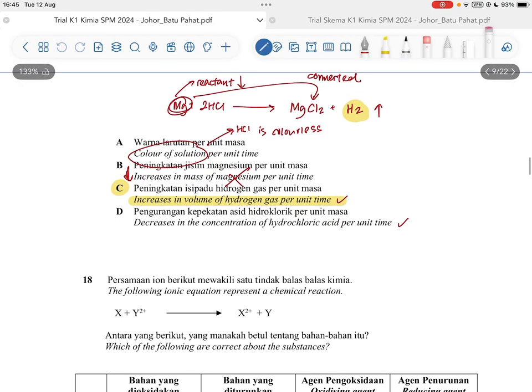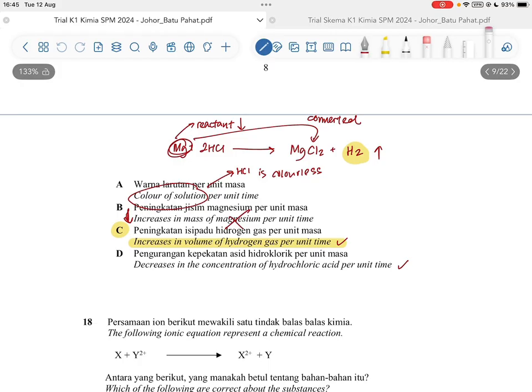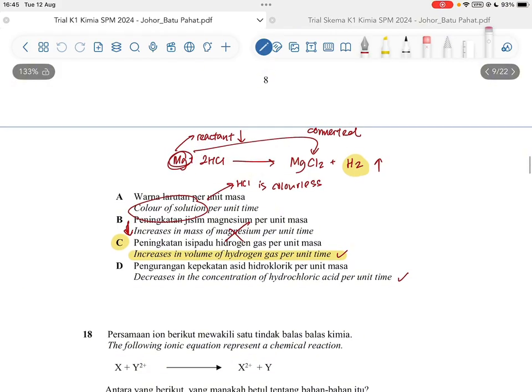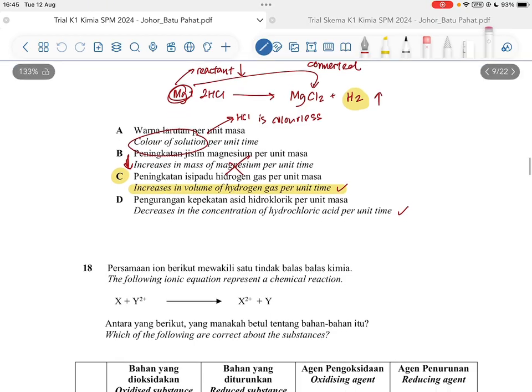For statement D, decrease in the concentration of hydrochloric acid per unit time, we can also use it as a method to measure the rate of reaction, but it is more complicated. So very obviously the safest answer will be C.